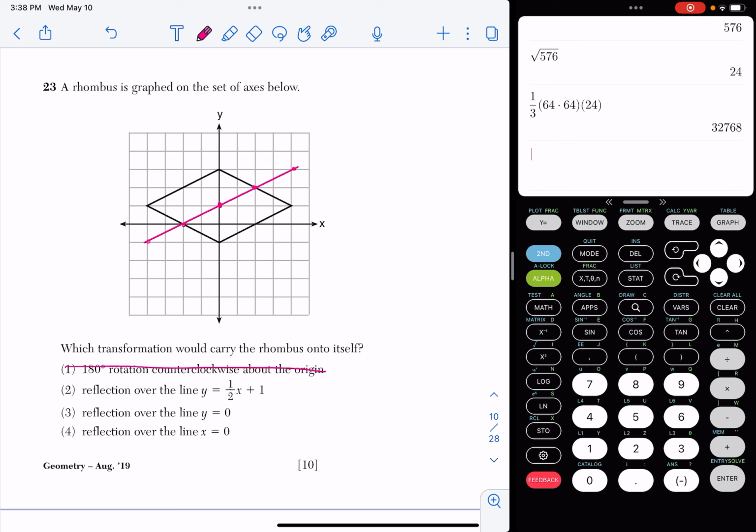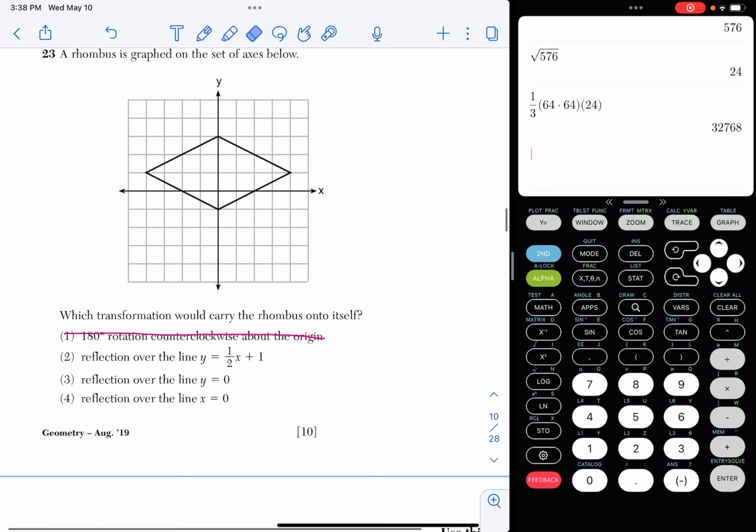It is going through the shape, but when we take these points, like this one here, and reflect it over, it is not landing on top of the other vertices. So we know here, okay, it's not going to map onto itself. For choice 3, a reflection over y equals 0, that's the same as the x-axis. That's not a line of symmetry, so that's out.